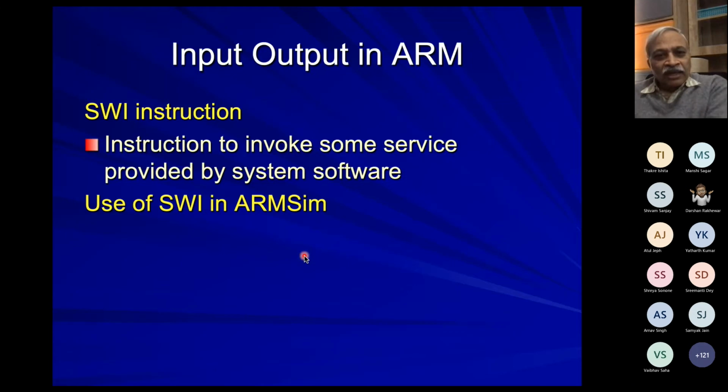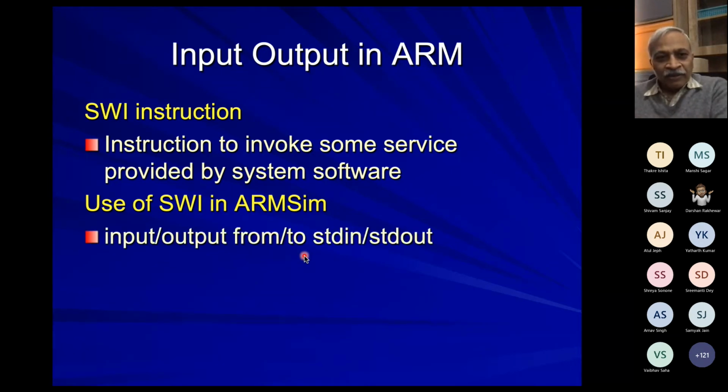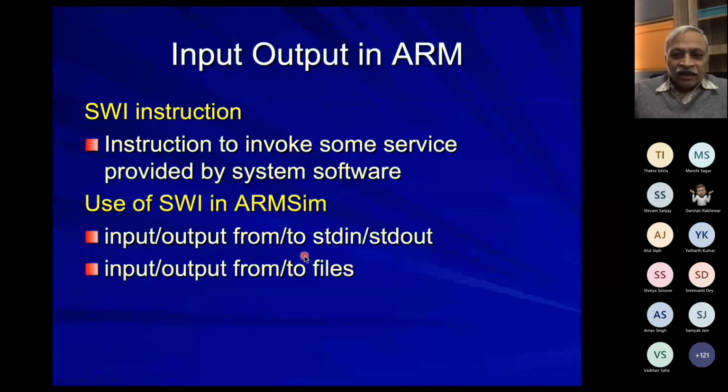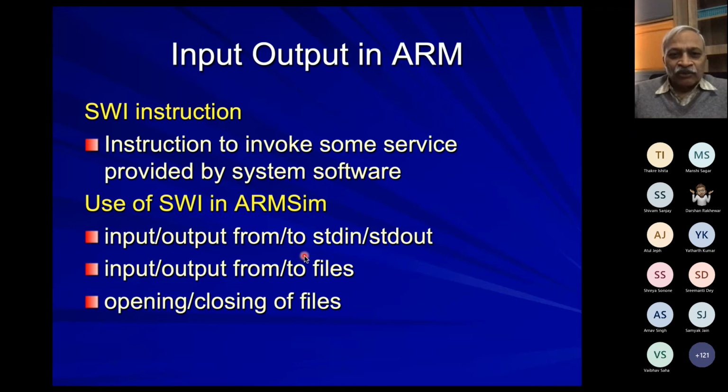In ARMSim, the simulator you are going to use to simulate ARM programs, these SWI instructions are used to perform input-output from or to standard input or standard output, which are basically the console provided during the simulation, and also input-output to files. It also supports opening and closing of files.